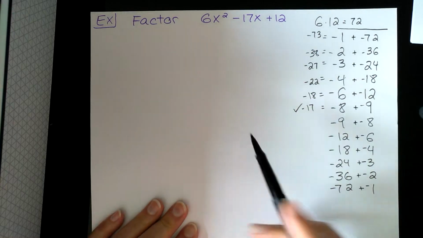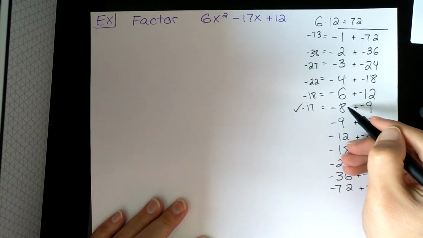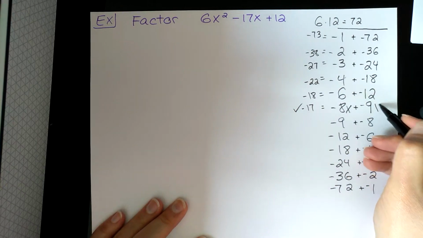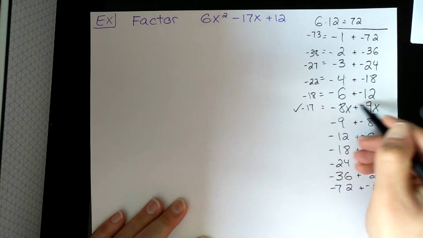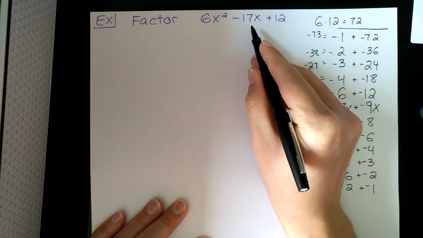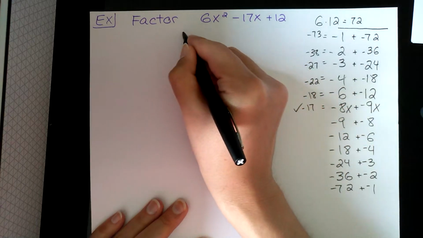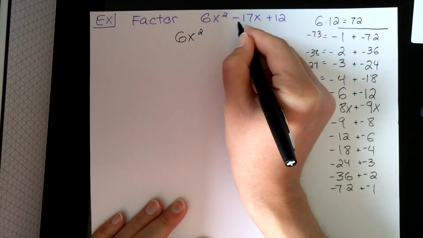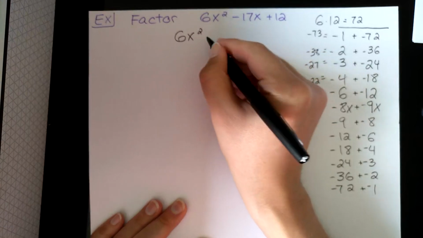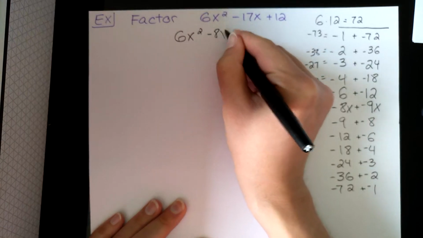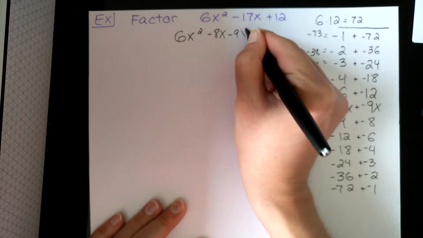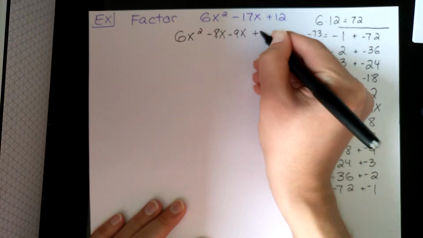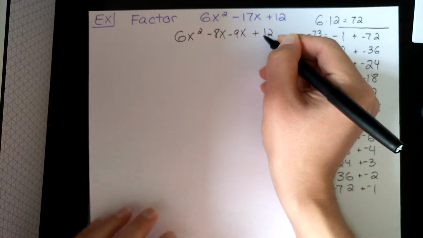All right, so from here we said we are going to put an x with each of these values and use this pair to replace the middle term. So we have 6x squared, and instead of minus 17x, we're going to plug in minus 8x minus 9x plus 12.